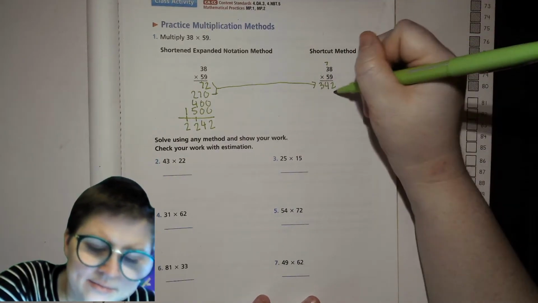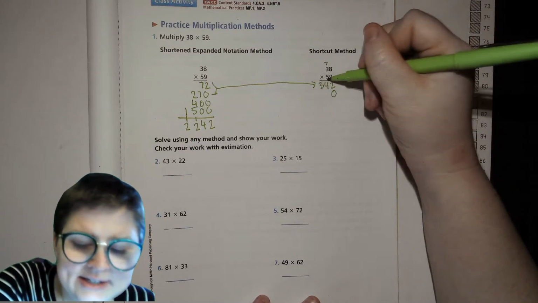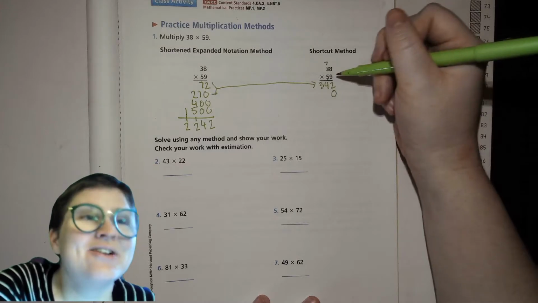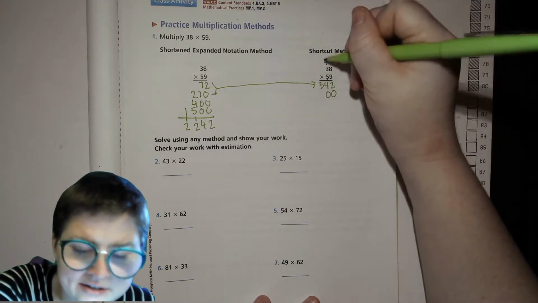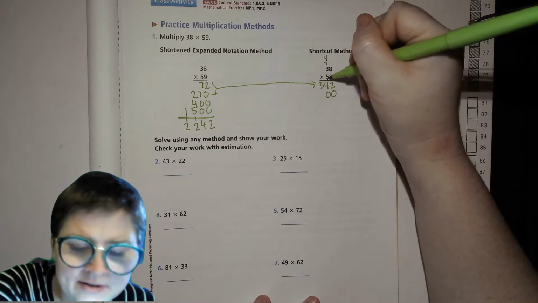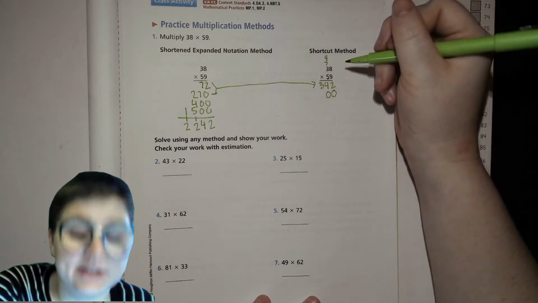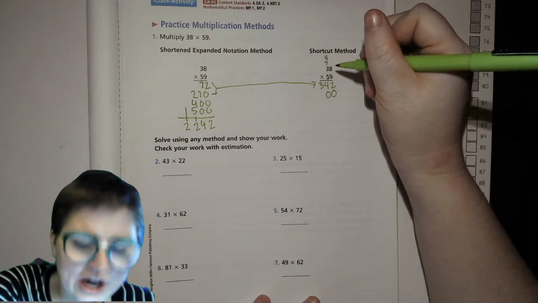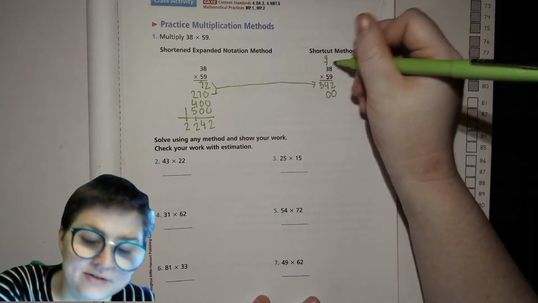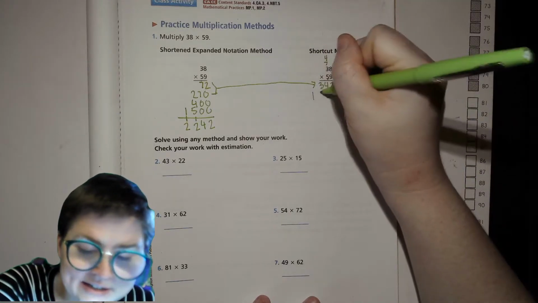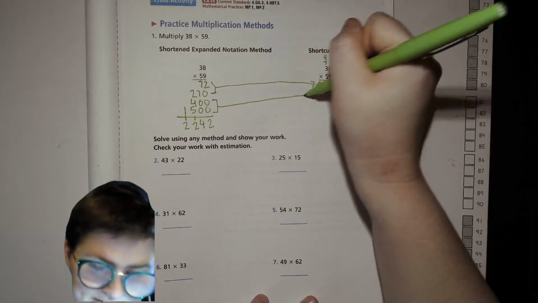Then, now we're working in the tens place. We'll put that 0 there. 5 times 8 is 40. 5 times 3, or 50 times 30, is 1500, plus the 400, right, from earlier. So now we have 1900, and that's just these two parts put together.